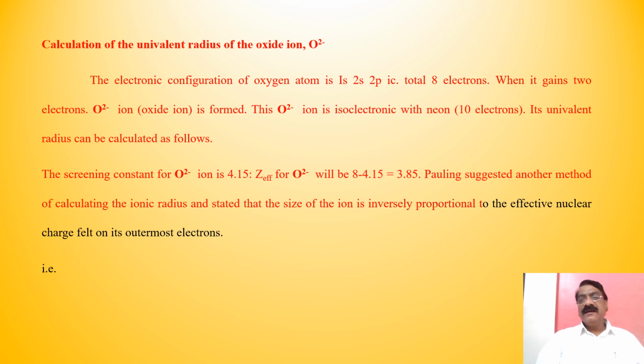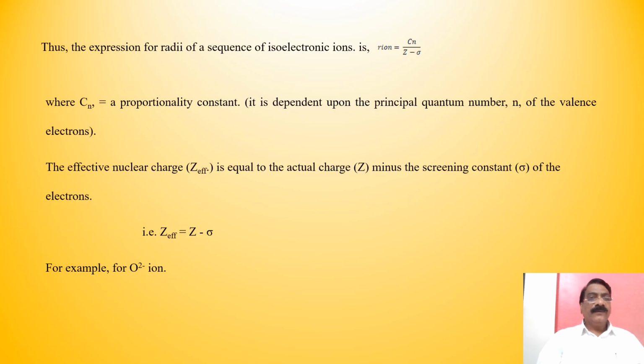Pauling suggested another method of calculating the ionic radius and stated that the size of the ion is inversely proportional to the effective nuclear charge felt by its outermost electron. That is, R ion is inversely proportional to Z effective, or R ion is equal to Cn upon Z effective.